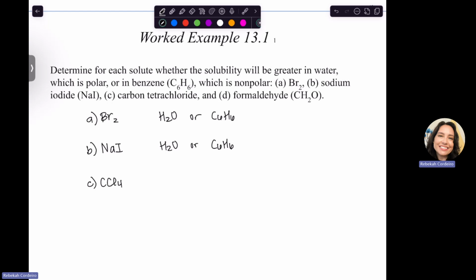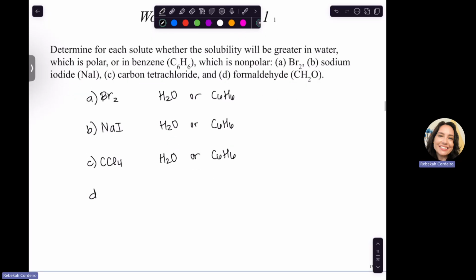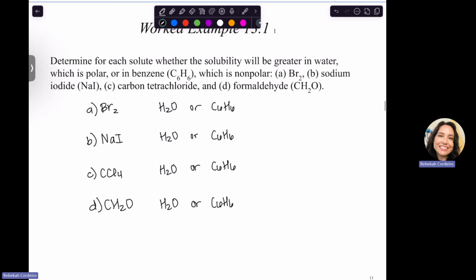Carbon tetrachloride, water or benzene. Formaldehyde, CH2O, water or benzene. So see if you can decide, for each of these substances, which thing it would dissolve better in. You want to draw Lewis structures.